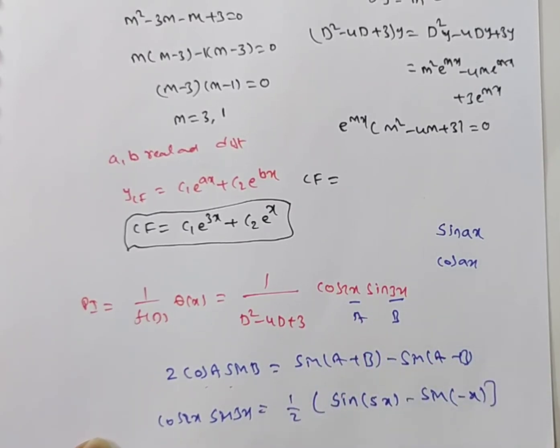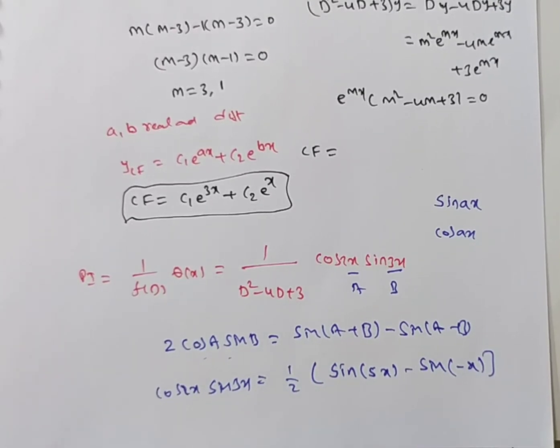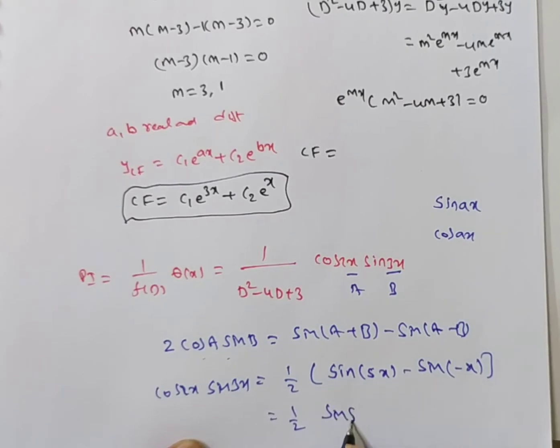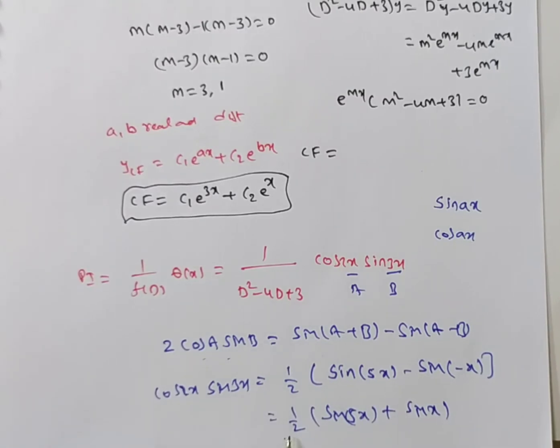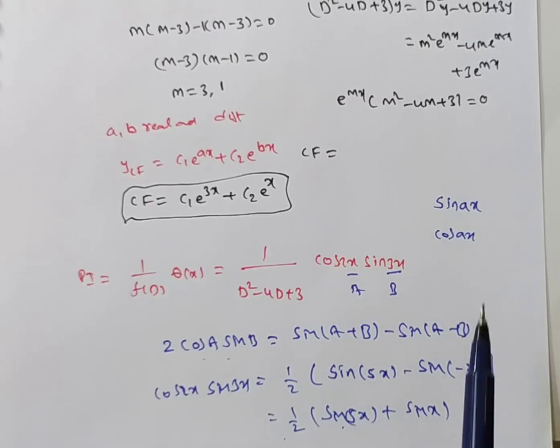Now you have the sine of minus theta form. What is sine of minus theta? Minus sine theta. But you already have a negative outside, so negative into negative will be positive. So that is sine x only. Now our Q of x is 1 by 2 times of (sine 5x plus sine x). In this case you observe this is in the form of sine x, and here also it is in the form of sine x, so you can apply it easily. Yes or no?